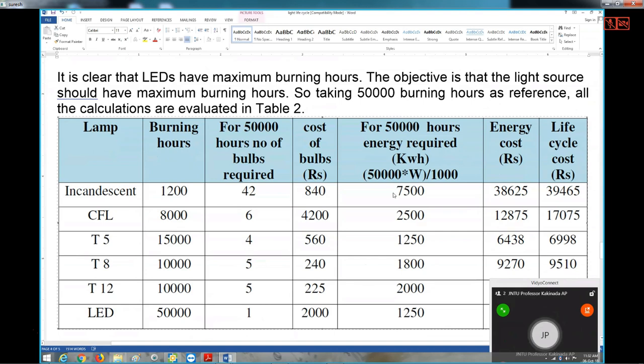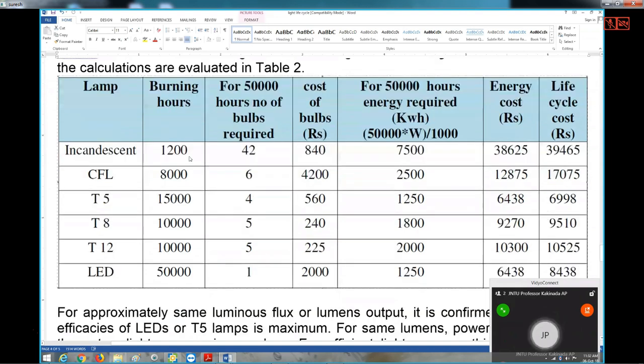The incandescent lamp's burning hours is 1200. So for 50,000 hours of utilization, it requires 42 bulbs. Then the cost of these bulbs equals 840 rupees.